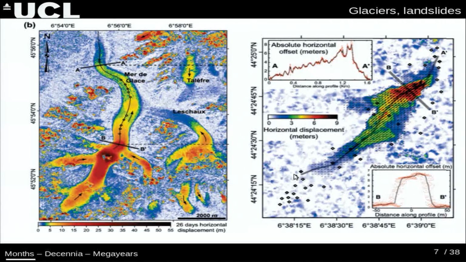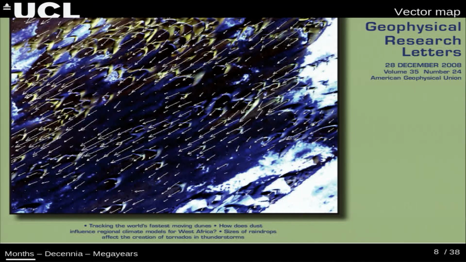Here you can see that these conventional surveying instruments have basically missed most of the movement. But where there is some overlap between the two techniques, they agree very well. So COSI-Corr is not only much cheaper and much easier to deploy than these conventional techniques, it gives you much better spatial resolution.